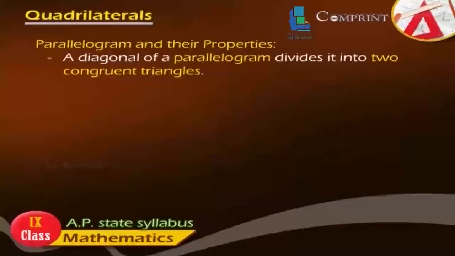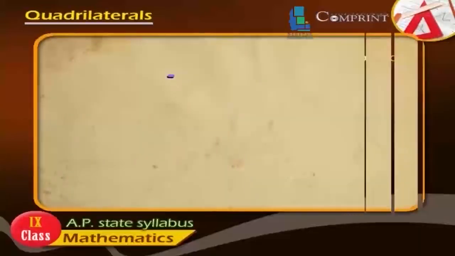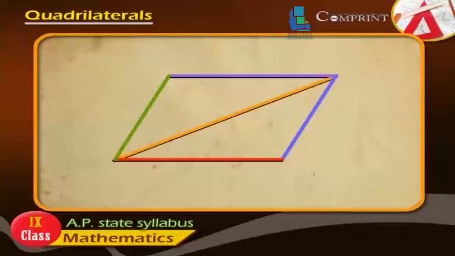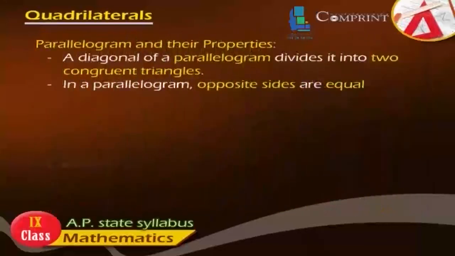Parallelogram and their properties. A diagonal of a parallelogram divides it into 2 congruent triangles. In a parallelogram, opposite sides are equal.